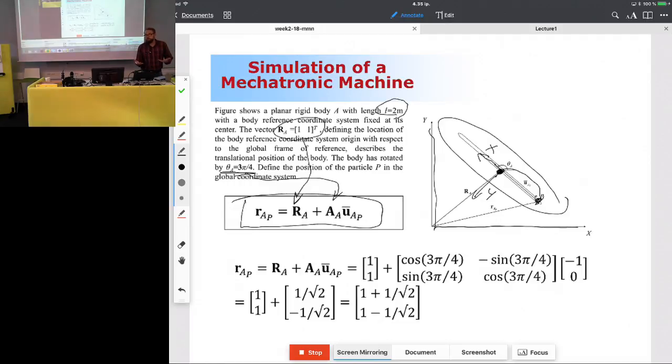How can you make it happen? You have to move along the y direction, but how much? How much are you going to move in the minus direction? 1. You're going to move minus 1. How much do you have to move in this direction? 0. So that's all you need.